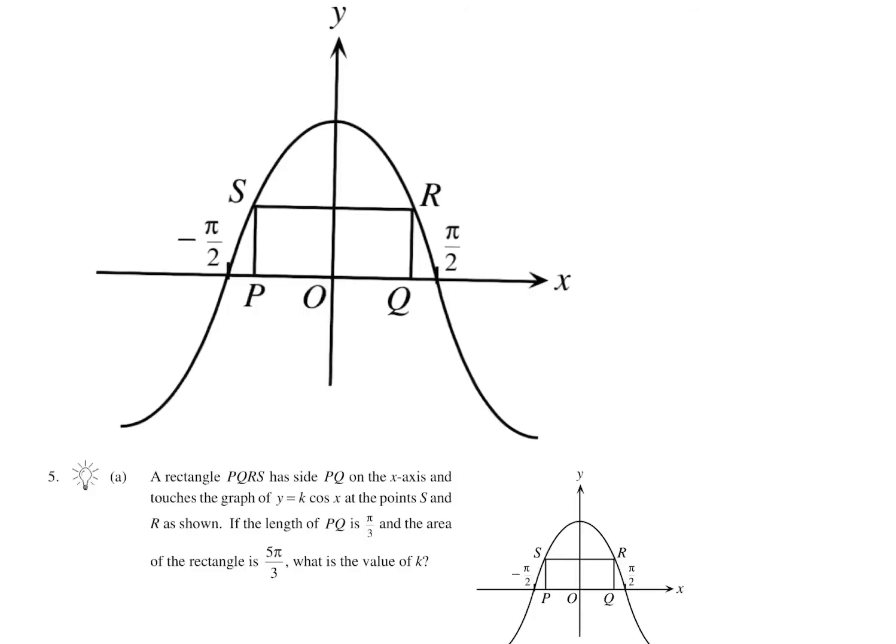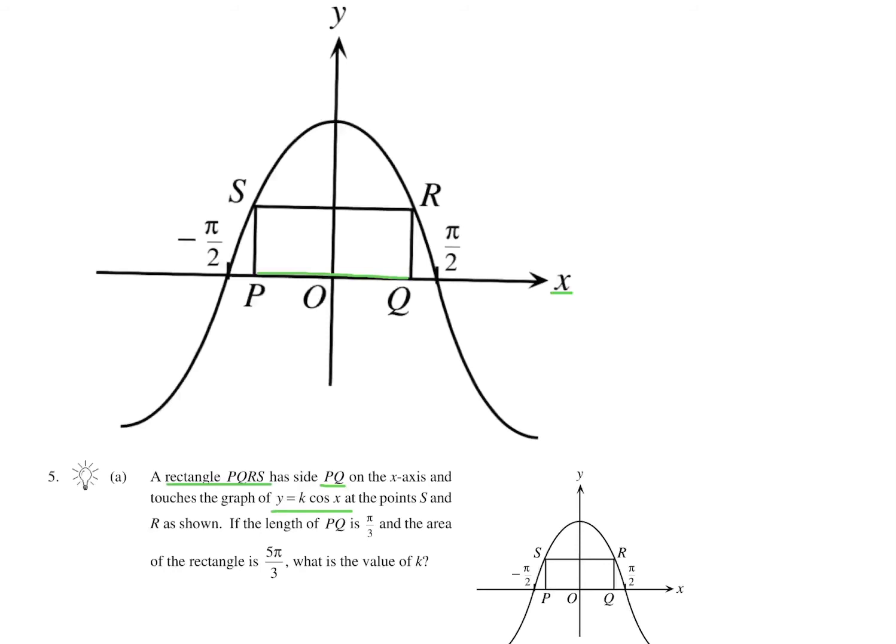So I've blown this up a bit to help us label this. So let's carefully try to label this and understand what's going on. First you have this rectangle PQRS, and it has side PQ from here to here, and it's on the x-axis as shown. And then this rectangle touches the graph of y equals k cos x.